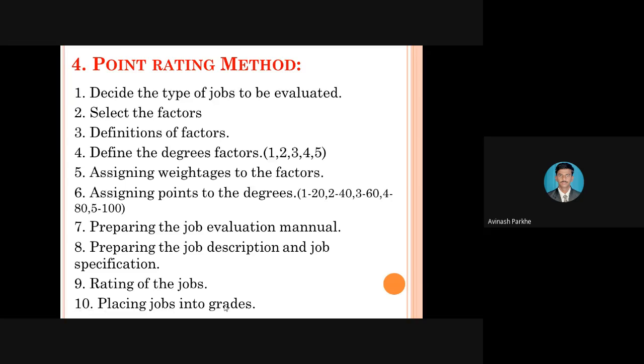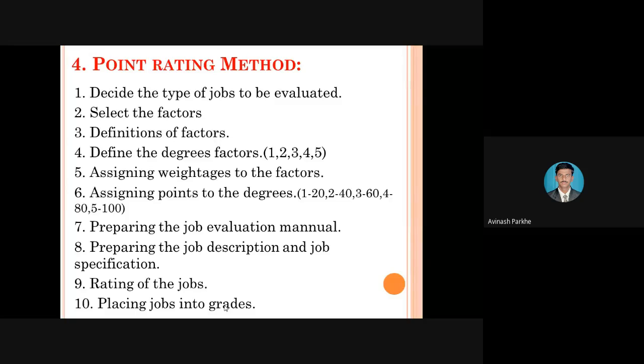But from step number 1 to step number 6, this is very important for the implementation of this particular point rating method. So understand the difference between the second method and the third or fourth method. In second method, grades are given based on the performance, but in that not a single factor is considered, that is education or experience like that. But here in case of a point rating method, first of all we have defined the factors. Which factors are required? Only those factors I have taken.